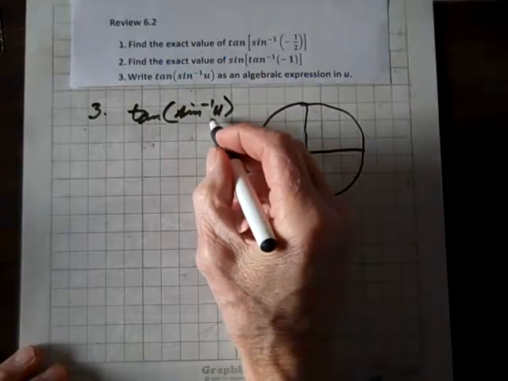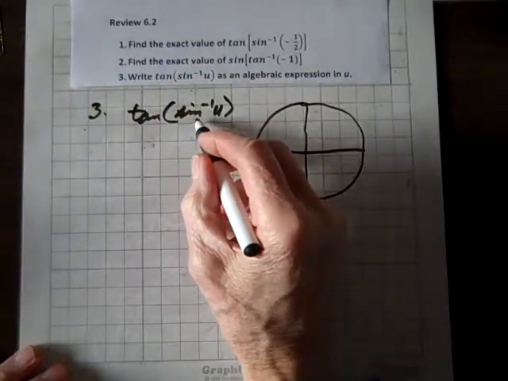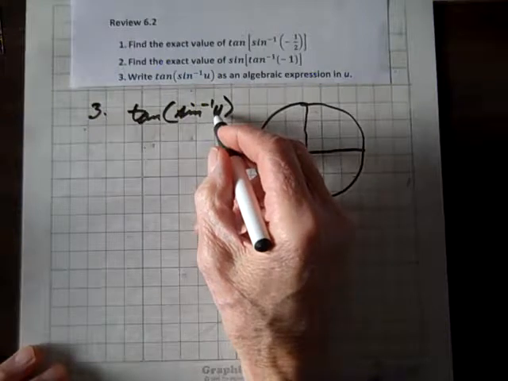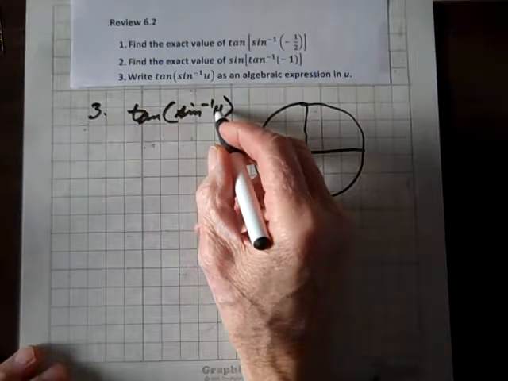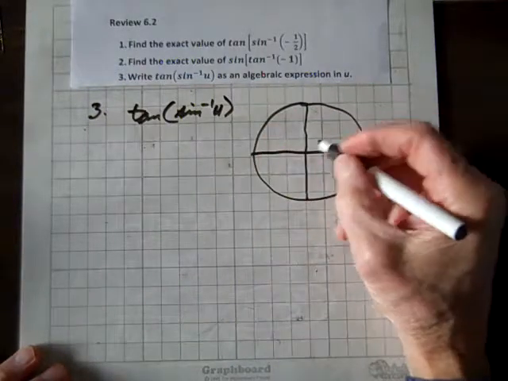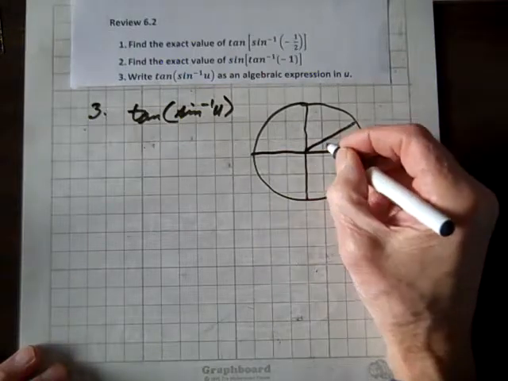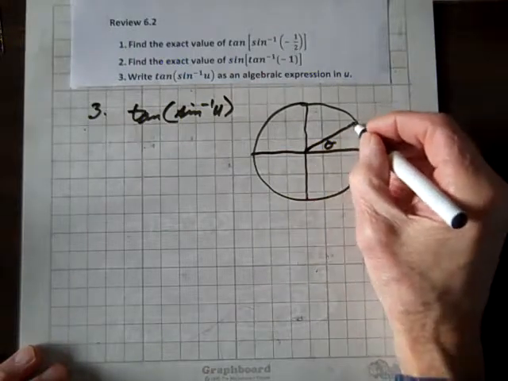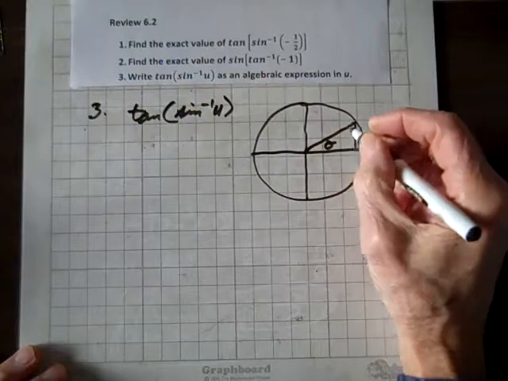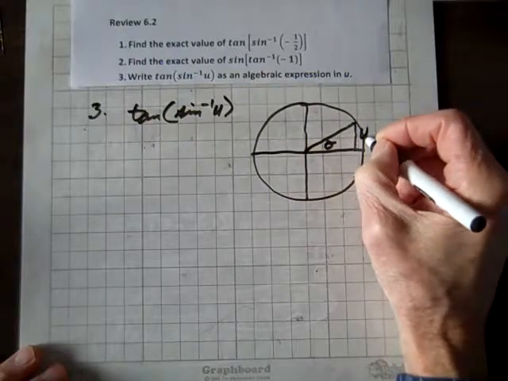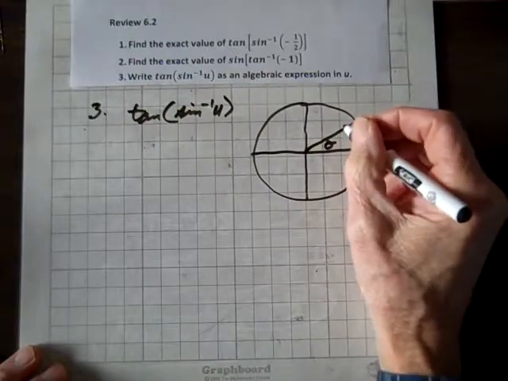So we've got the inverse sine of u, and that's a ratio. We're evaluating a ratio, and we'll call this angle theta. And so the ratio, in the numerator we have u, so that's the length of the side opposite.